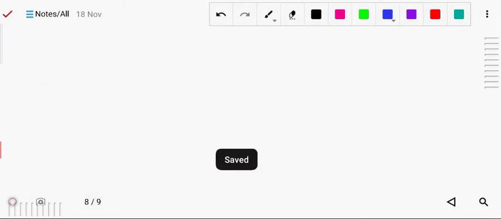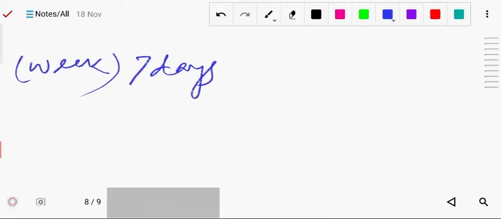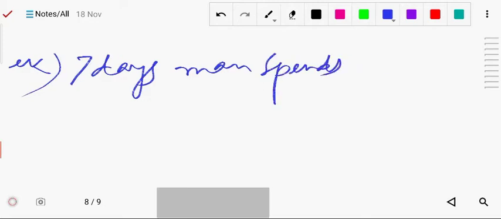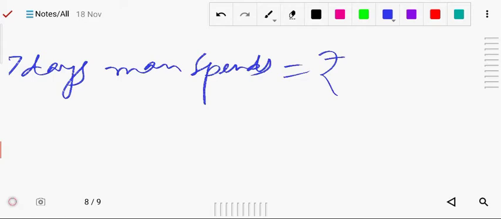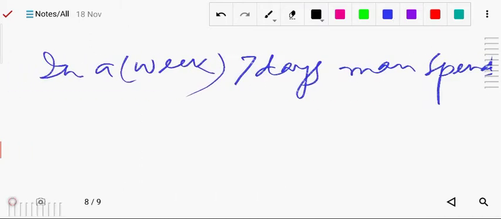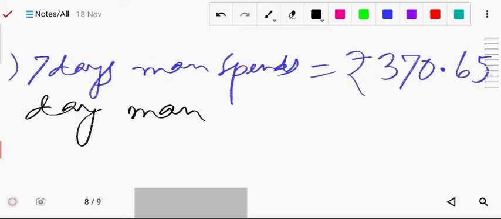In a week, which means 7 days, the man spends a total of 370.65. Now in 1 day we have to find.